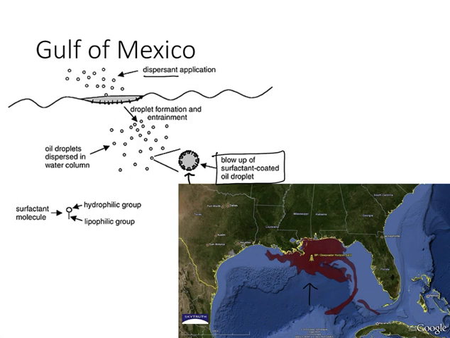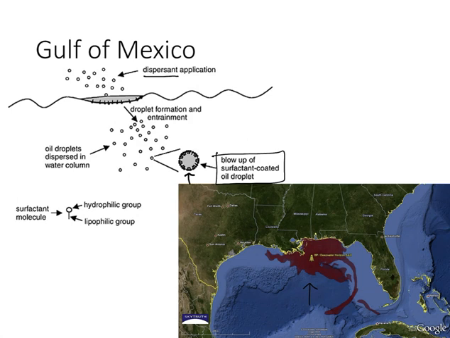And initially, BP was using these dispersants and other methods to remove the oil or try to prevent the oil from getting to the beaches and wildlife on those beaches. However, again, these dispersants were toxic to marine life in the water itself.